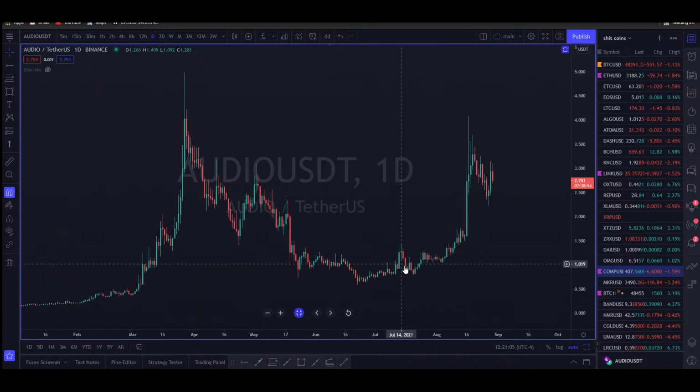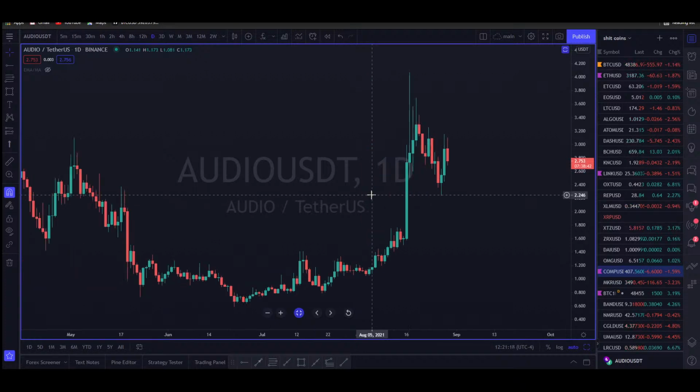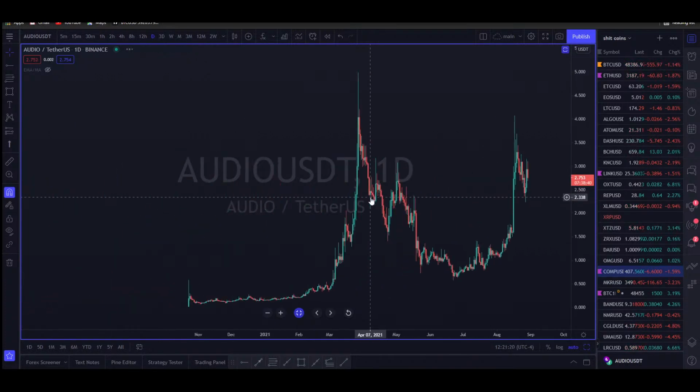Yeah, I can't remember why. I think someone asked to see it, but it had a strong bullish move, and it checked that support, which was the 50% retracement of this bullish candle at 2.24. So it's still roughly half off, because it traded all the way to $5. Yeah, this was another one that had a 10x.